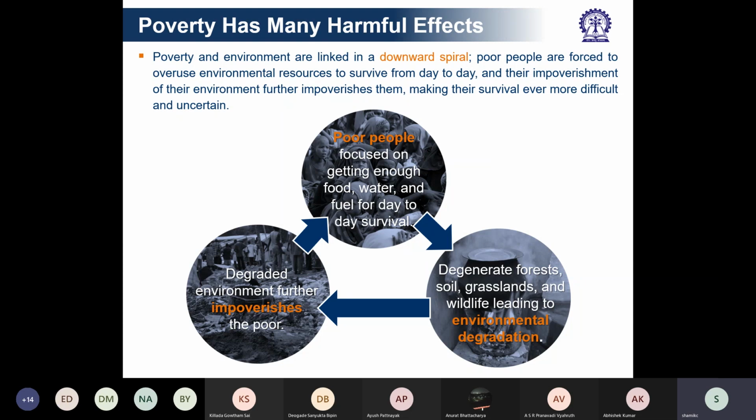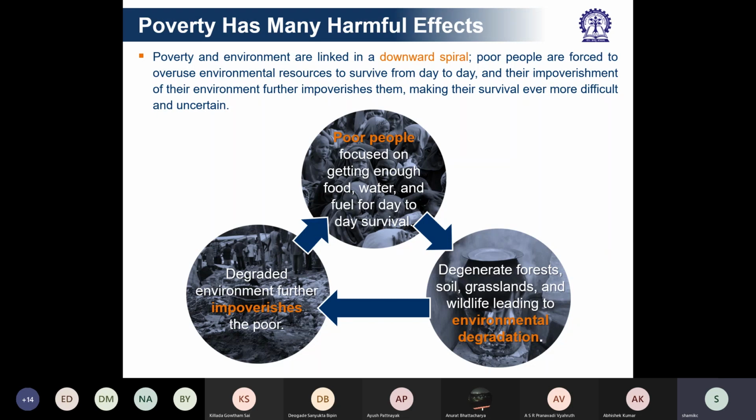As a result, the poor are forced to deplete resources to survive, and this degradation of the environment further impoverishes them. So when this self-reinforcing downward spiral becomes extreme, then what happens? These poor people are forced to move in increasing numbers to marginal and ecologically fragile lands or to cities. So poverty actually has a number of harmful environmental and health effects.